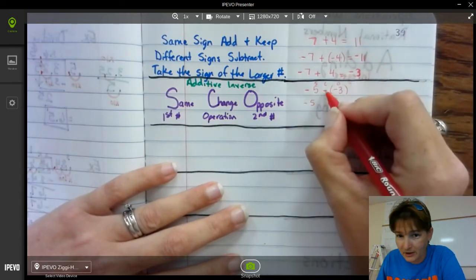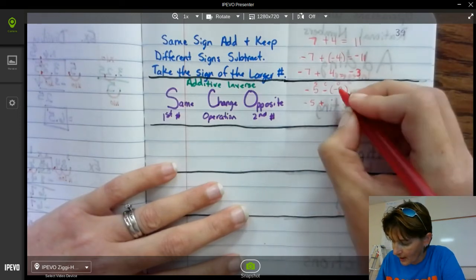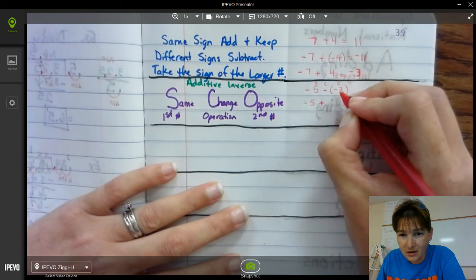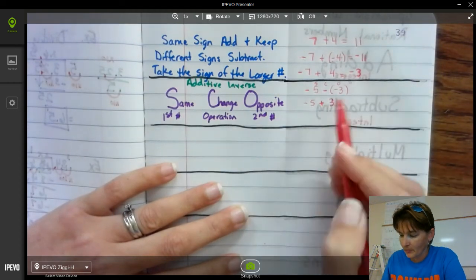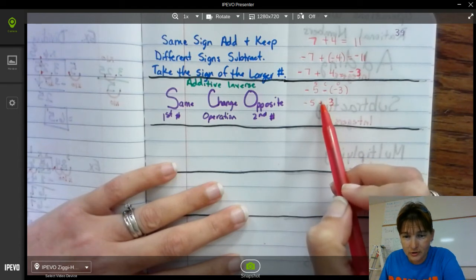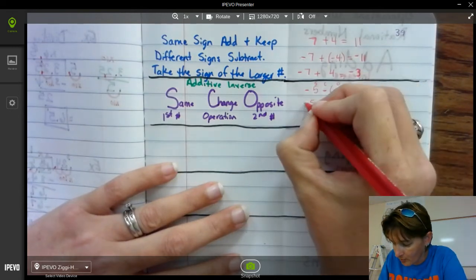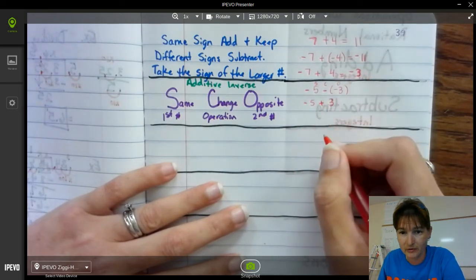We change the operation from subtraction to addition, and then we do the opposite of the second number. So this one's a negative 3, so the opposite is a positive 3. Okay, I want to reiterate that these symbols do not go to the numbers. This is a takeaway, and this is a put together. Don't try to associate these with the numbers because then it'll get confusing.